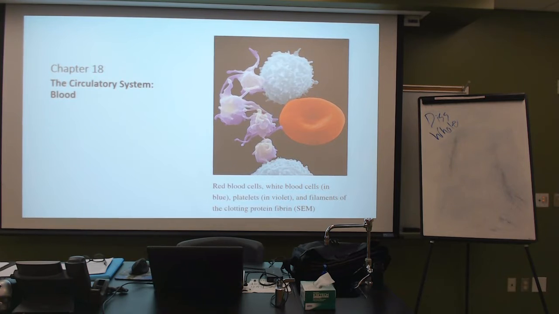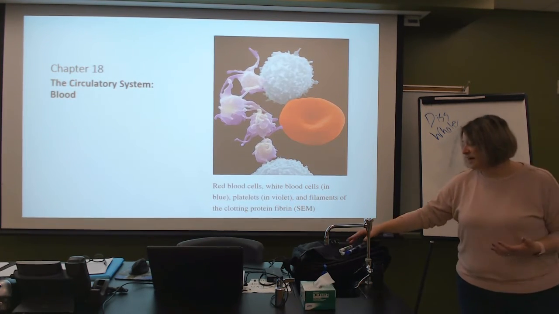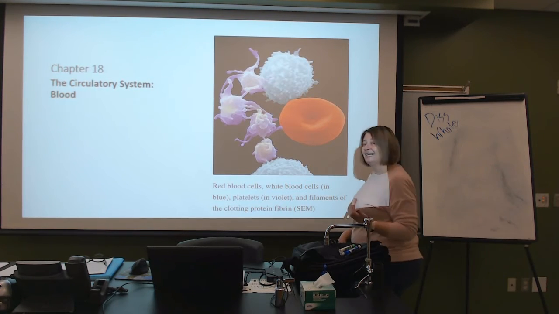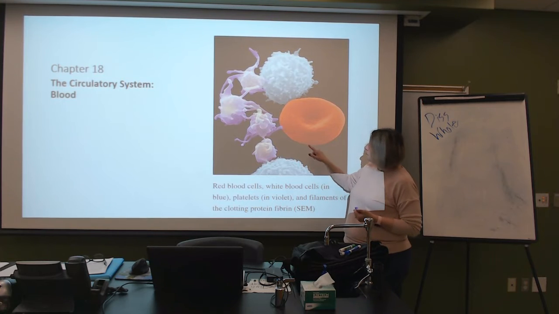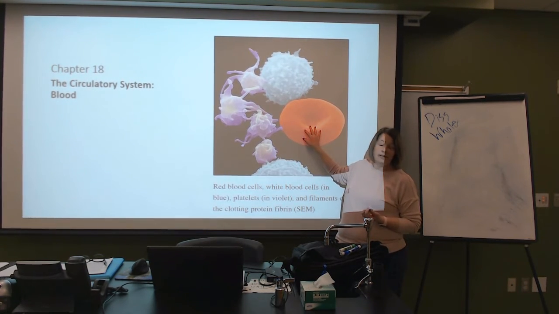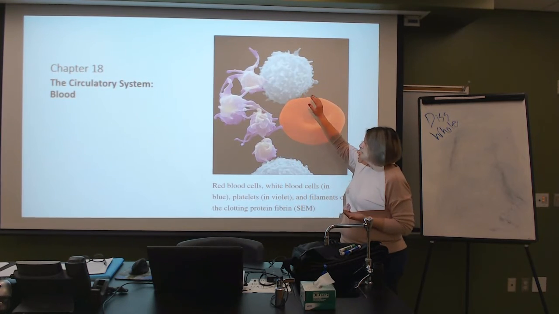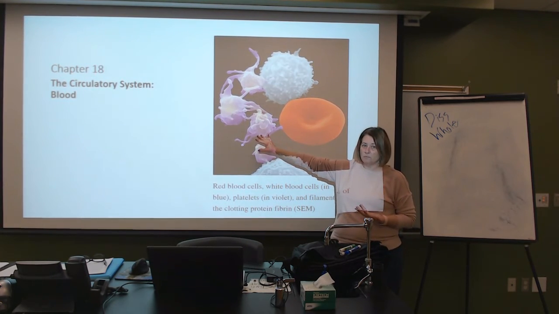So blood is, I guess what you could say, a unique substance. This picture right here is showing us a red blood cell, a white blood cell, and some platelets.